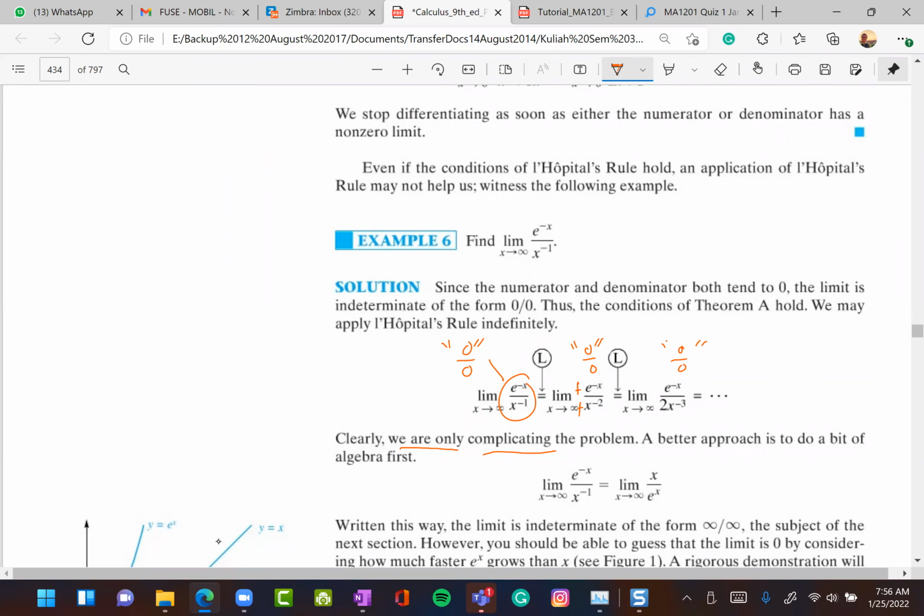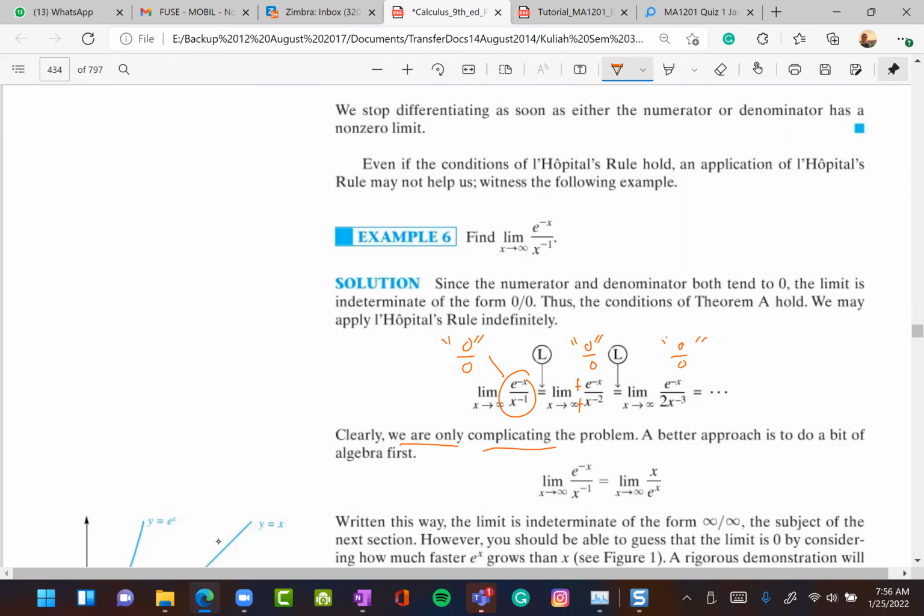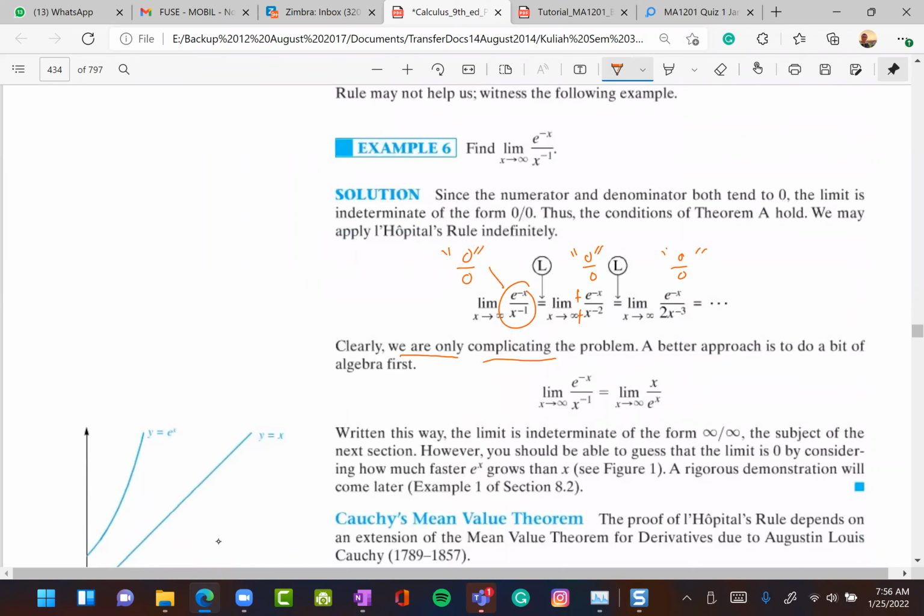So what we need to do here is just write down e to the x as 1/e to the negative x. Right, so this 1/x, you just put it on top. Okay, so if you take this limit, both numerator and denominator are large. So this is large over large.